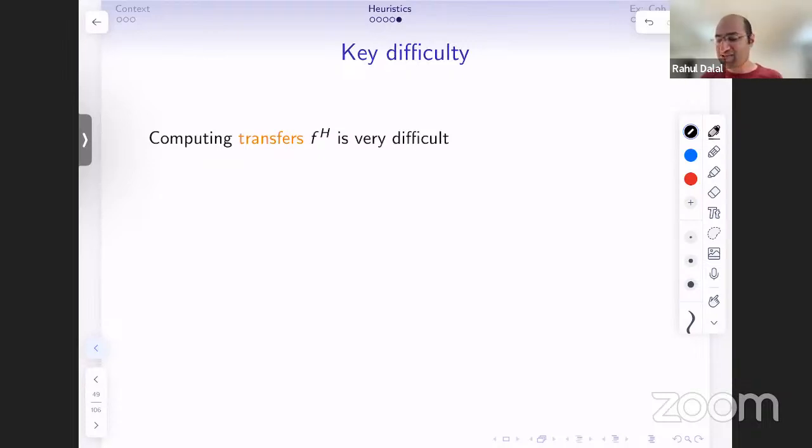And the main thing that goes wrong is these transfers f to f^H. When you want to pick out the piece of the automorphic spectrum coming from H, you need to compute this transfer and then work at H. And in practice, computing these transfers is extremely, extremely difficult. When you try to work out a specific project here, this is going to be the main roadblock, and this is what you spend most of your time trying to compute.